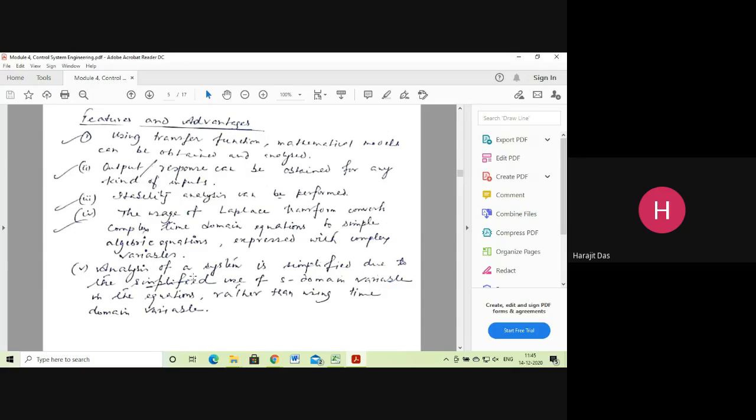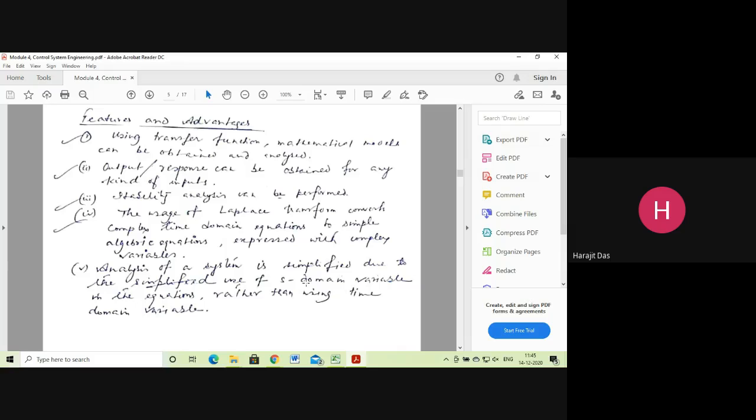Analysis of a system is simplified due to the use of the S domain variable, because if we apply Laplace transform, we need to use S domain variables in the equations rather than time domain variables. Here, all the signals you can see in an open loop or closed loop system are actually time dependent.